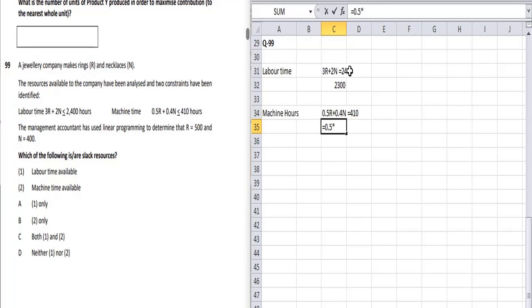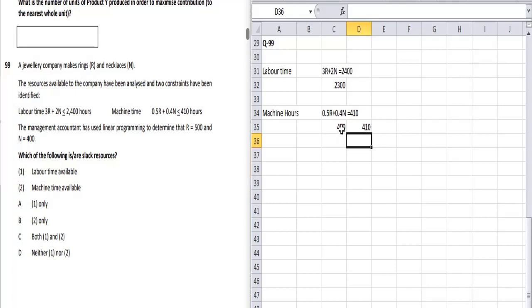So r is 500 and n is 400, so it's 410. Both are equal, it means the required hours to produce r and n and the available hours are equal.